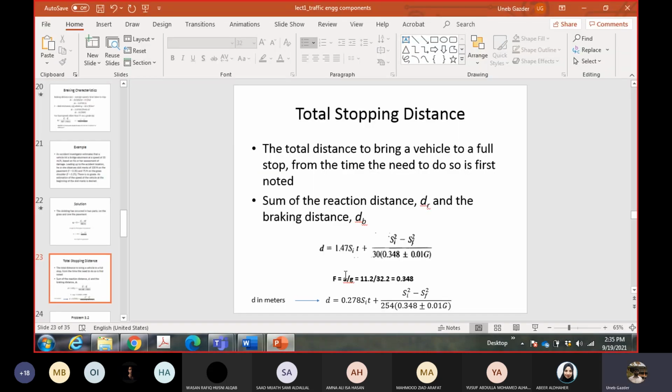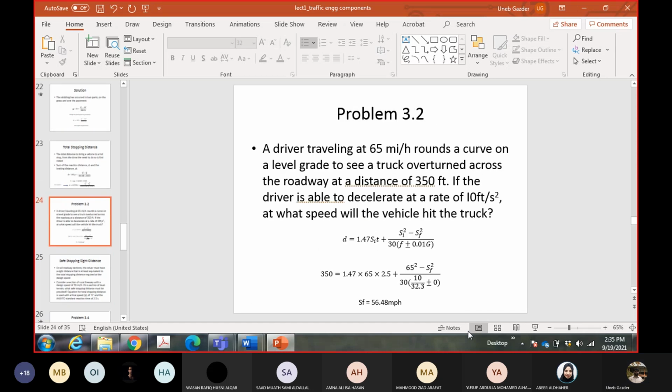Okay, moving on. So we have this problem here. The driver is traveling at 65 miles per hour and comes around the curve. Level gradient means zero gradient.